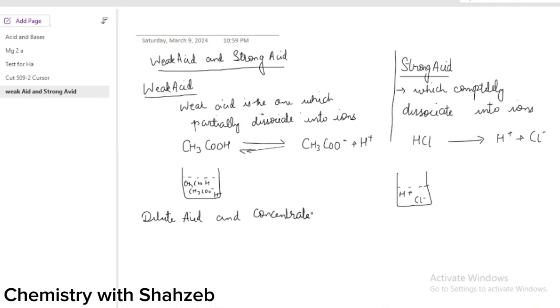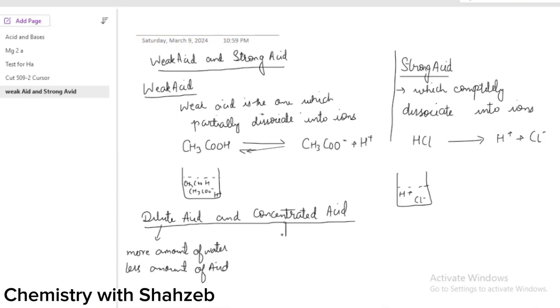Dilute acid is the acid that contains more amount of water and less amount of acid. Concentrated acid contains more amount of acid and less amount of water. So this is the difference that exists between dilute acid and concentrated acid.